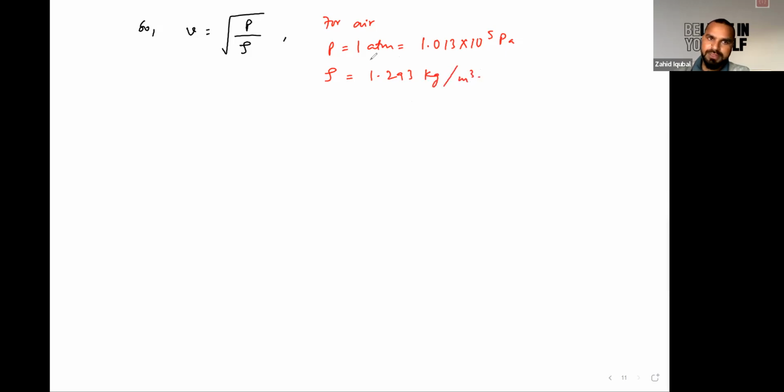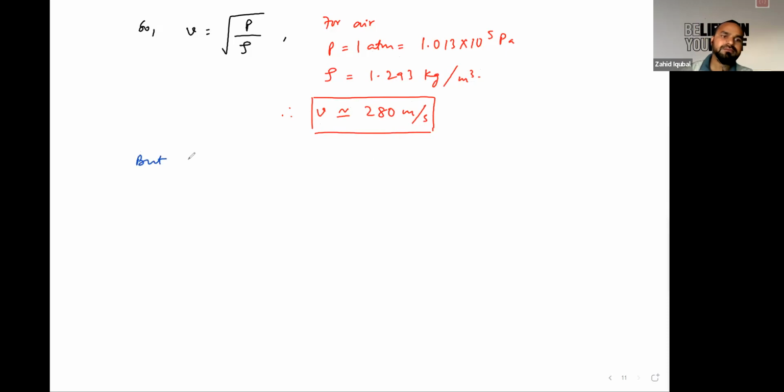So if you substitute these values in the above expression, velocity of sound will be 280 meter per second, according to the assumption of Newton. But in actual, velocity of sound is about 331 meter per second.